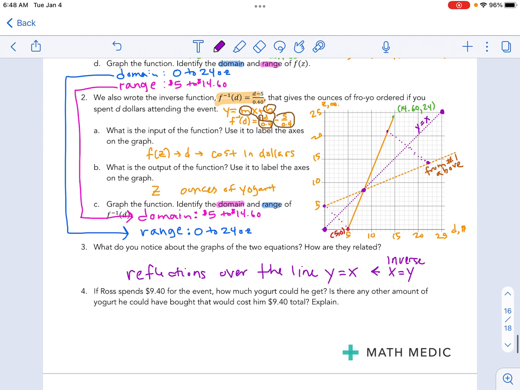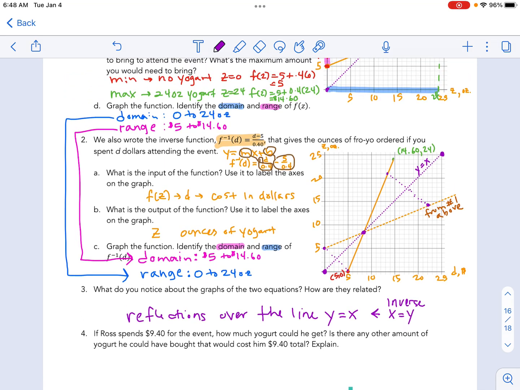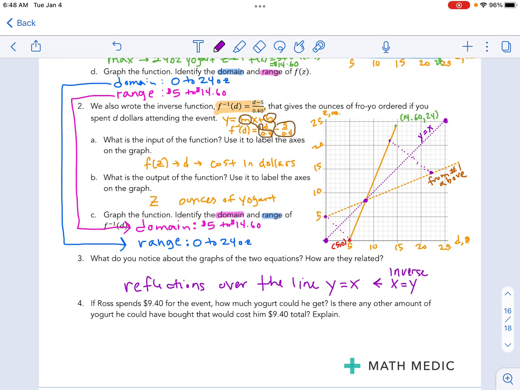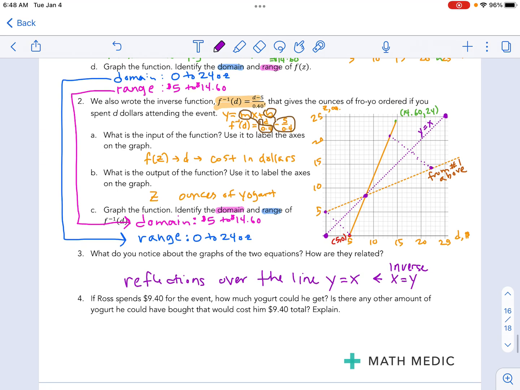So looking at question 4, it says if Ross spends $9.40 for the event, how much yogurt did he get? Is there any amount of yogurt he could have purchased that would cost him $9.40 total? So if you remember, $9.40 from the previous class was 11 ounces of yogurt. So this statement is actually getting at the idea of the inverse.